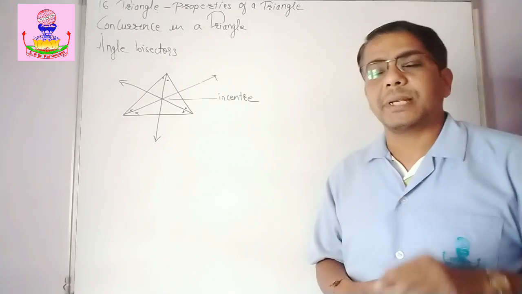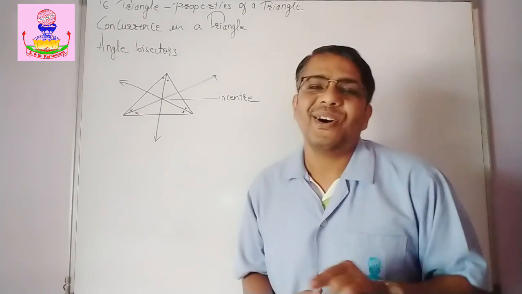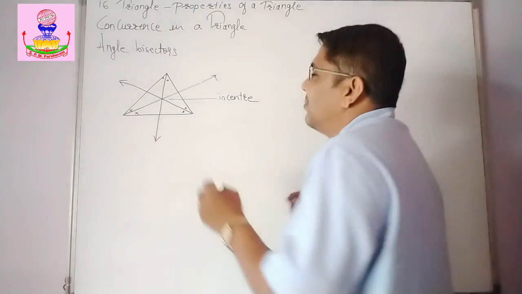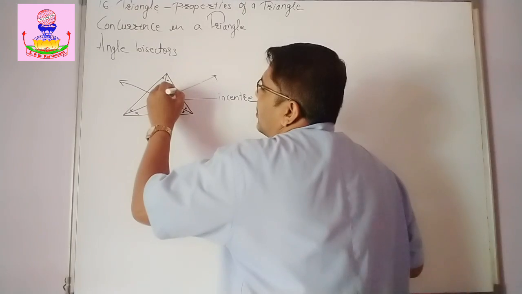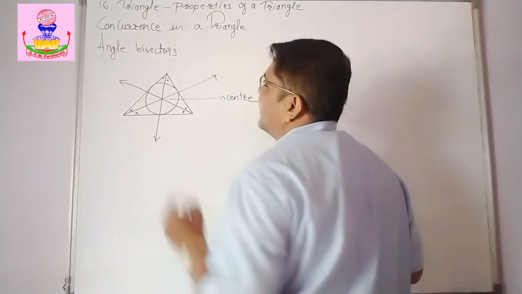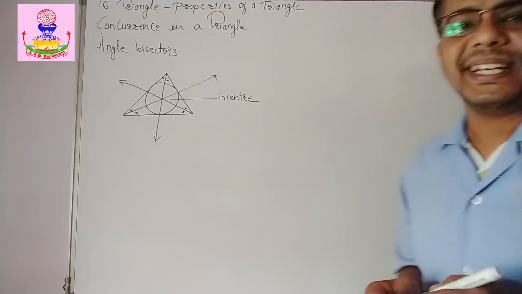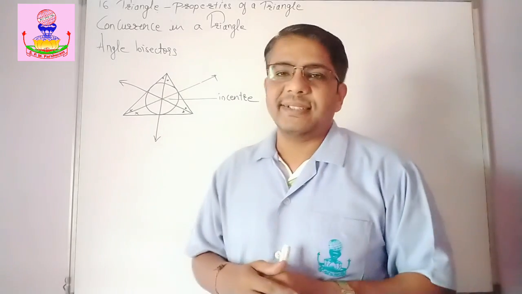Okay, and with that as the center, you can draw the incircle. Now what is the incircle? That is the circle which touches all the three sides. So with this as the center and this as the radius, this distance, you can draw a circle which touches all the three sides. So that is called the incircle. Okay.